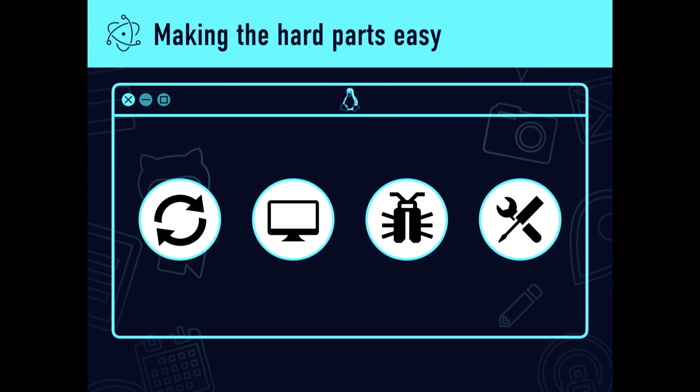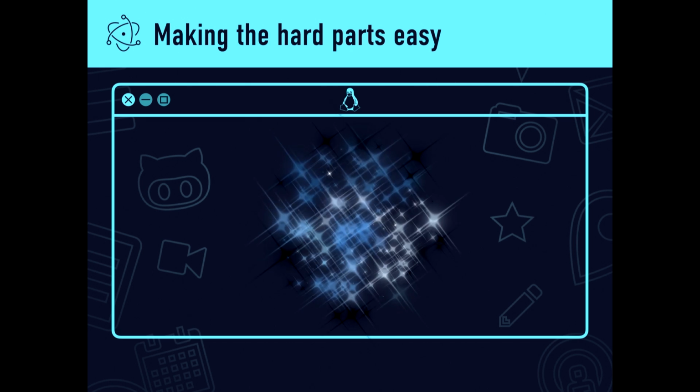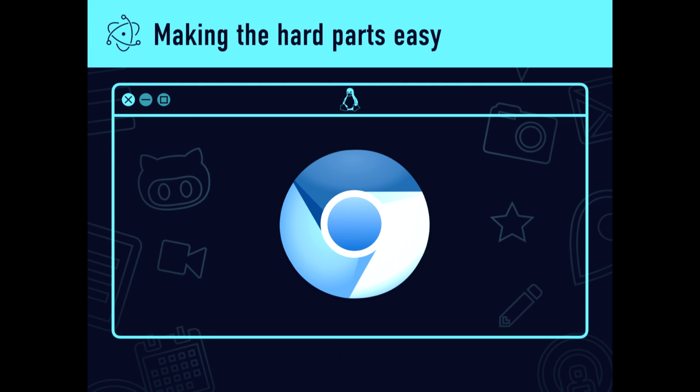If you're a web developer, you're probably familiar with the pain of dealing with cross-browser compatibility. But with Electron, all you need to do is develop for Chrome, and you have an application that works across platforms. Electron is kept very up to date with the latest versions of Chromium.